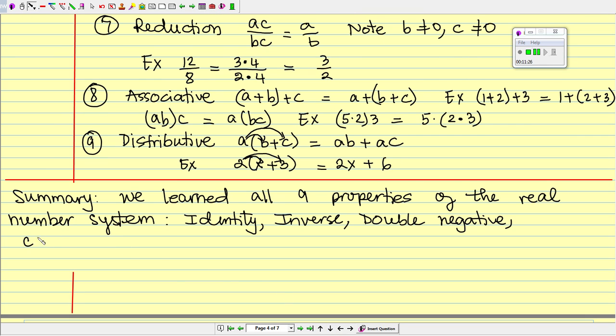After double negative is the commutative. Okay, and then multiplication of 0.